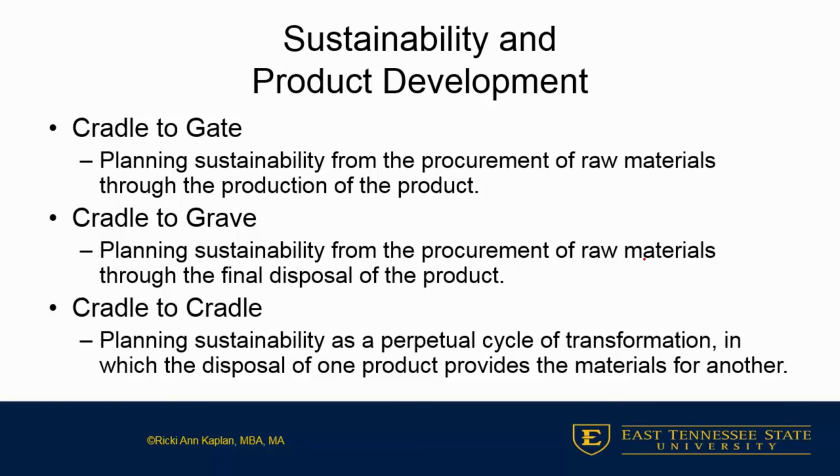Looking at the sustainability and product development, we start off with cradle to gate. Sustainability is how long can this product last? How is it good for our environment? We're looking at a variety of things. Cradle to gate is planning sustainability from the procurement of raw materials through the production of the product.